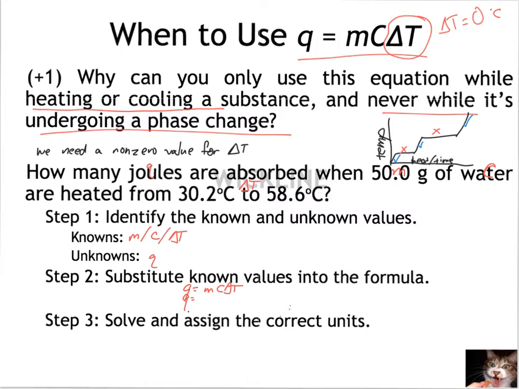M is going to be 50. C is on your reference table B, and it's 4.18 joules per gram Kelvin. And delta T is 58.6 minus 30.2. So I simplified the terms in the parentheses to 28.4.